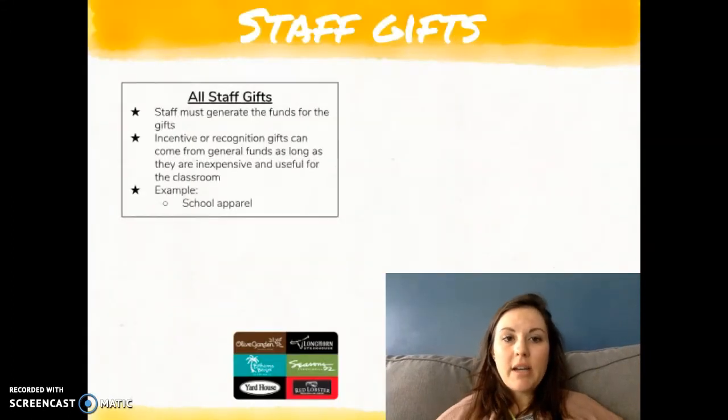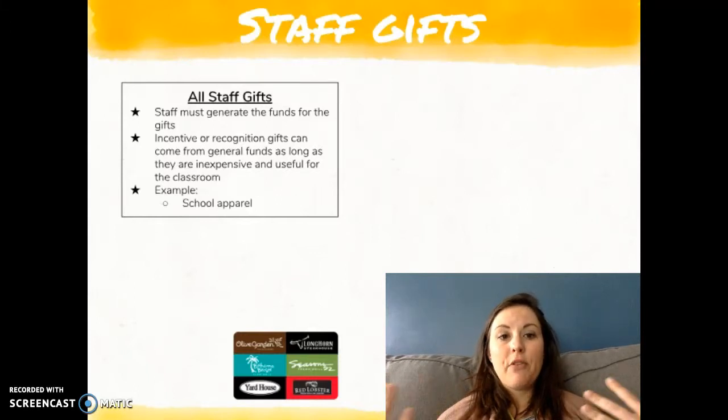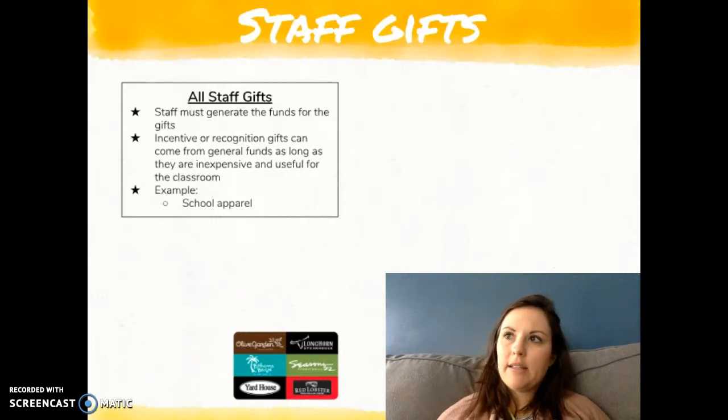The next one we're going to talk about is staff gifts. For staff gifts, there are three different categories. We're first going to talk about all staff gifts. They must be generated from funds from the staff, so these cannot come out of a specific fund. These must be money that is generated within the staff in the building. These can be incentive or recognition gifts.